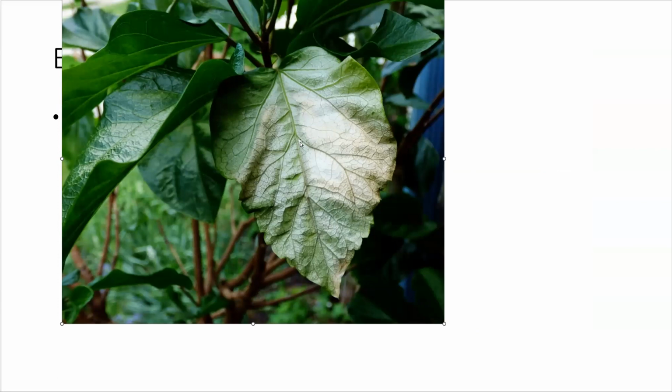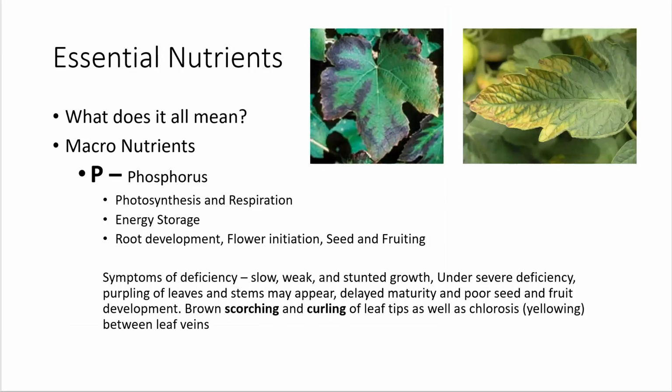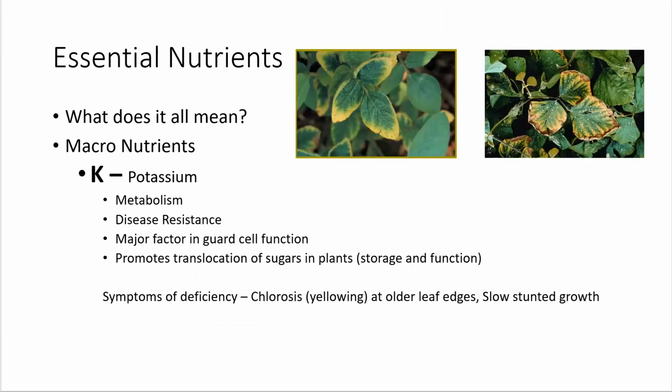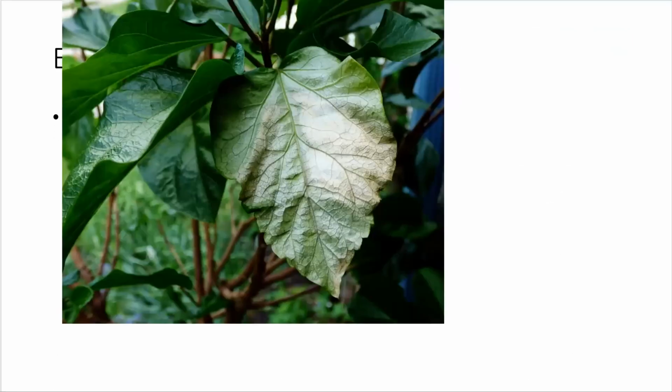Okay, you can see green in those veins. So chances are, I don't know this for sure, but chances are this one is more of a phosphorus deficiency. Oh, no, sorry, potassium deficiency. Okay, chances are this is a potassium deficiency. These are complicated. These are challenging to identify. The more you observe, the more you note, the better off you are.